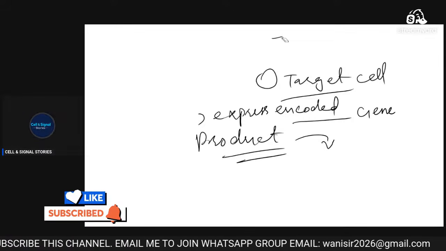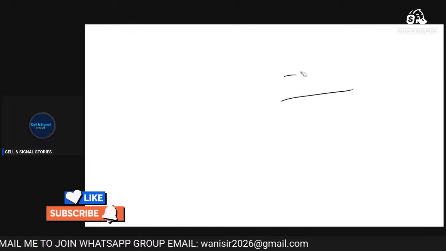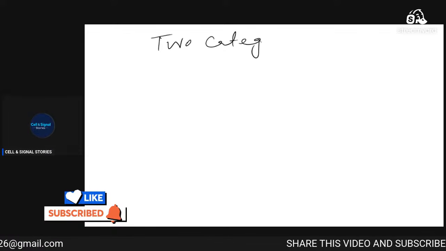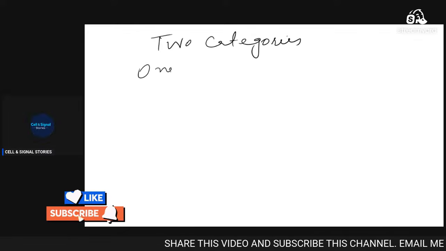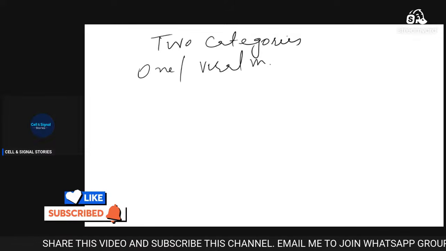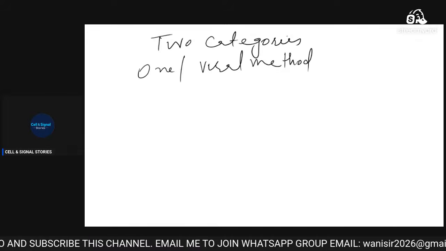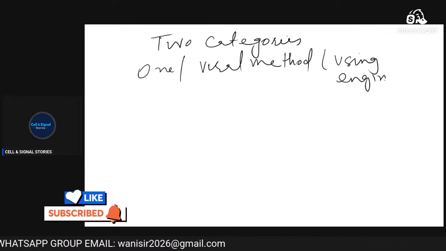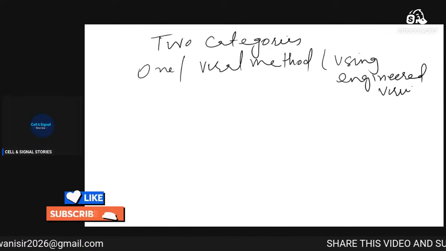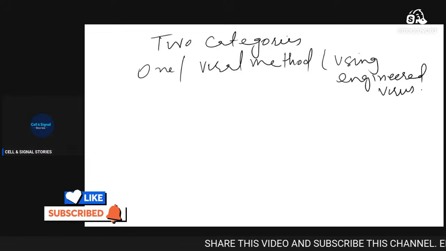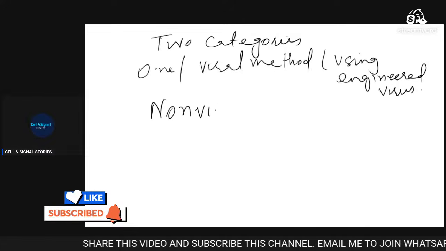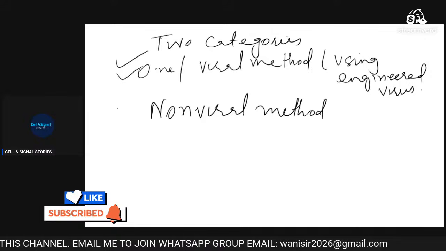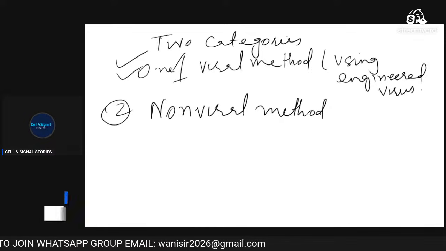One is the viral method, using engineered viruses, and another is the non-viral method.